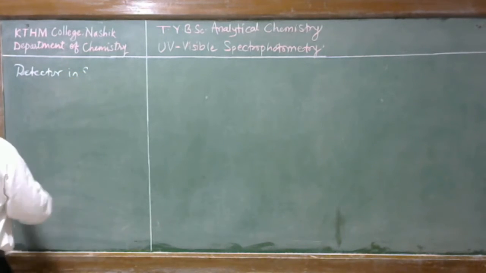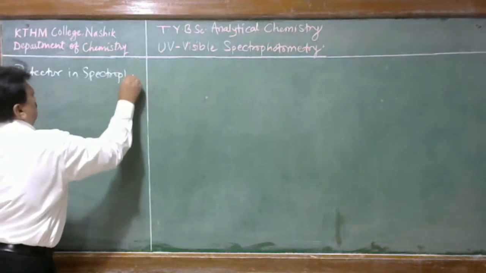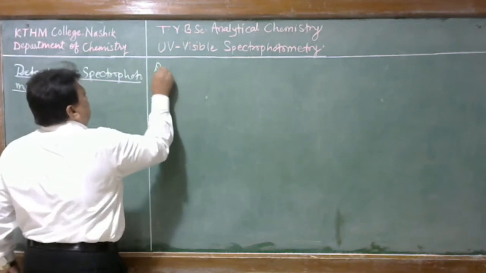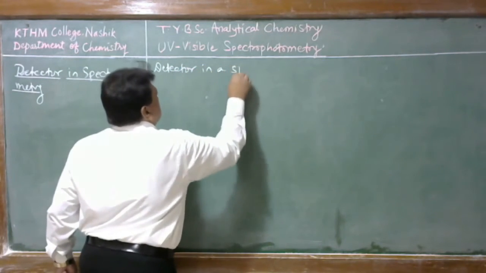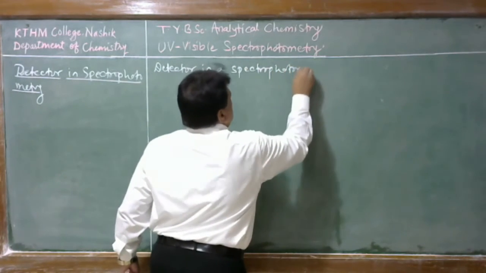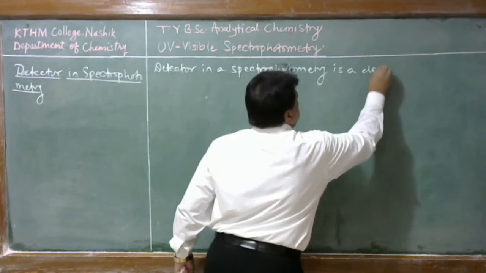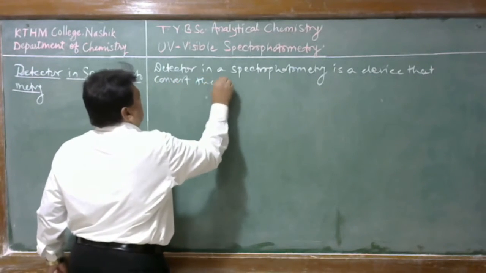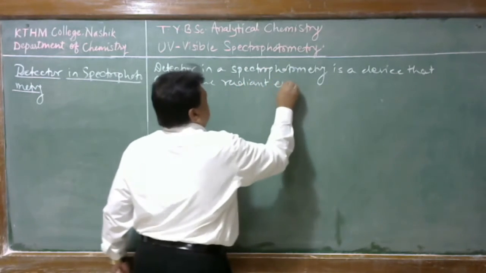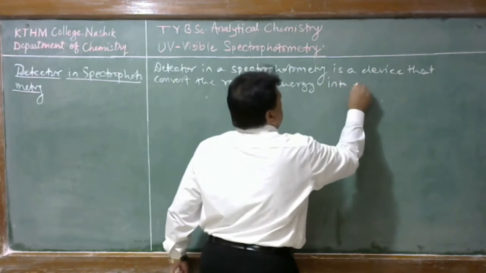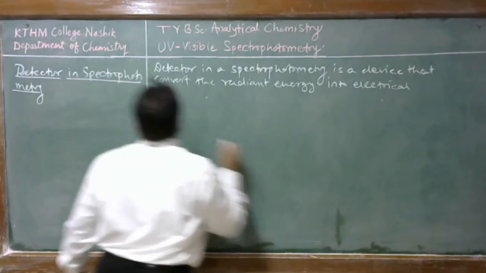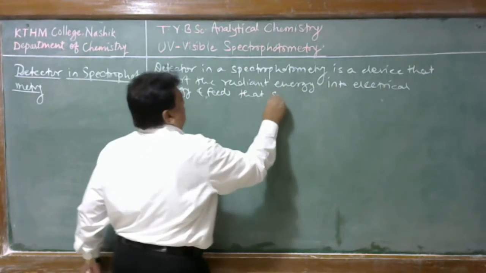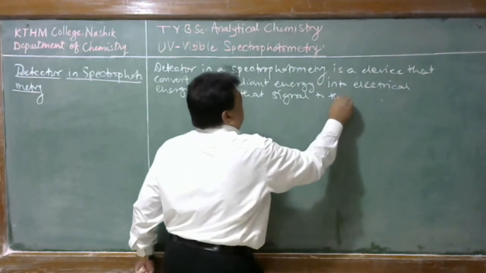Detector in spectrophotometry. Detector in a spectrophotometry is a device that converts the radiant energy into electrical energy and feeds that signal to the recorder.